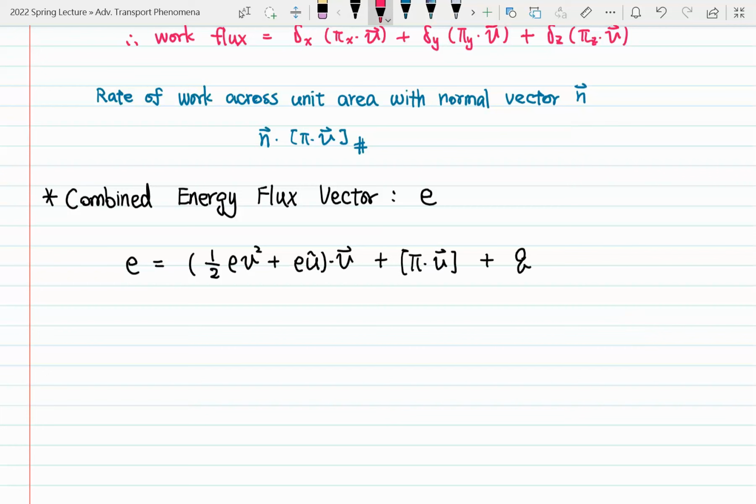So if we draw this one by one, this is our convective energy flux. This is work flux.